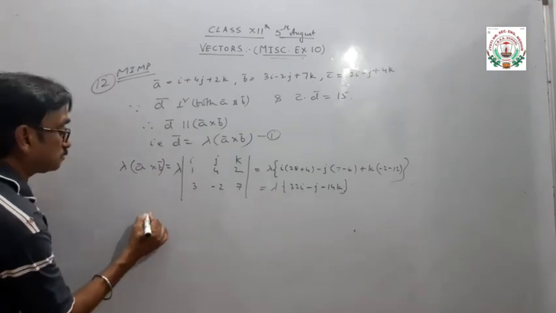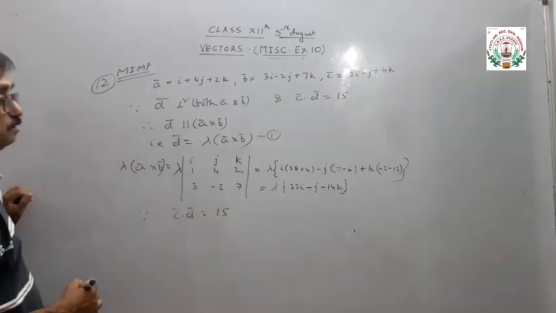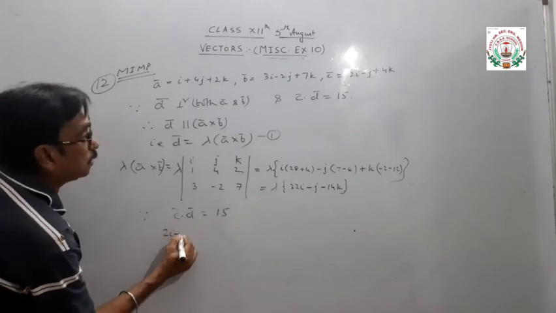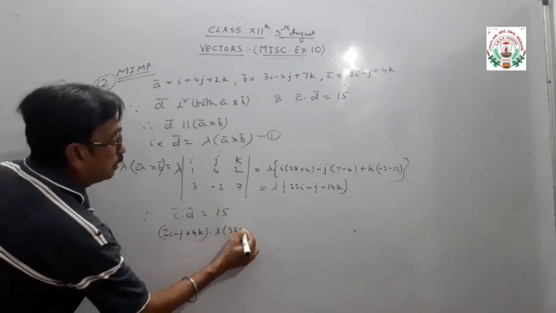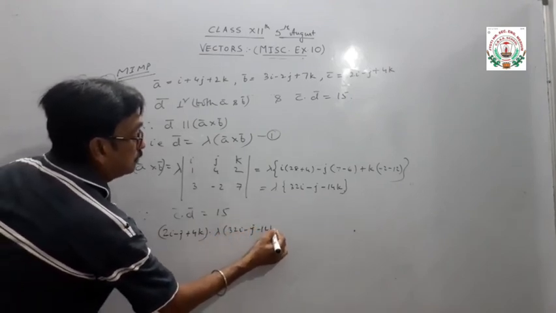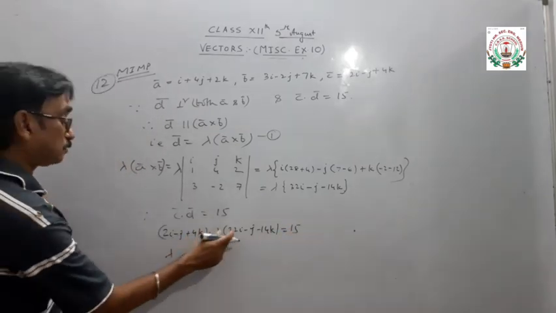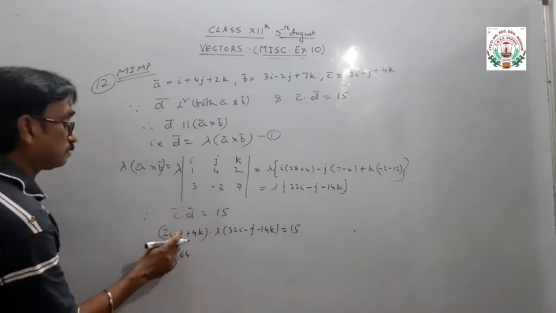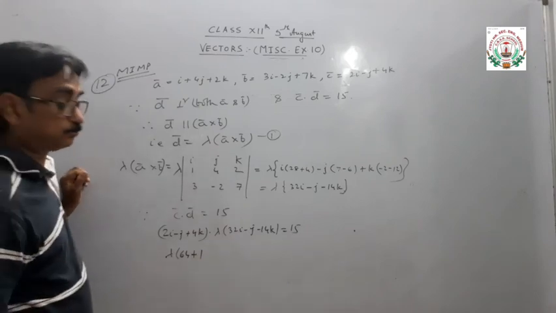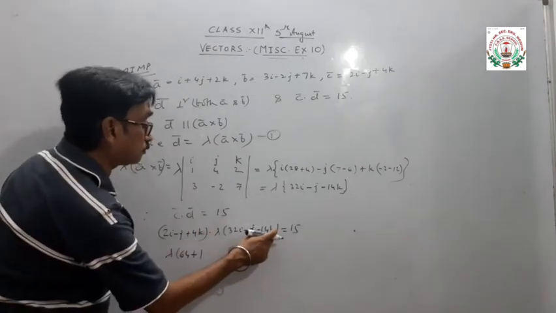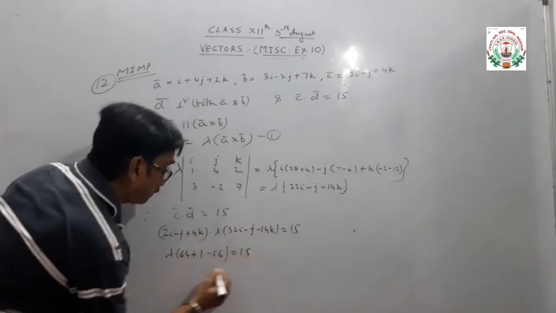Now the second equation given, C vector dot D vector equals 15. So C vector is 2i minus j plus 4k dot lambda into 32i minus j minus 14k equals 15. Lambda we keep outside for now: 32 into 2 is 64, minus j dot j is 1, minus 1 into minus 1 is plus 1, k dot k is 1, minus 56, that equals 15.